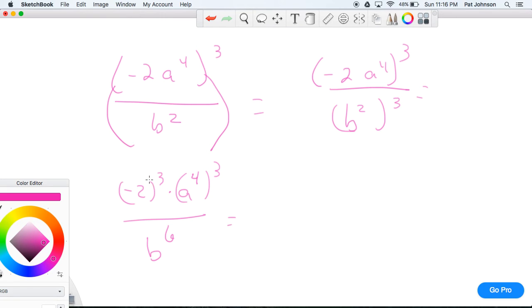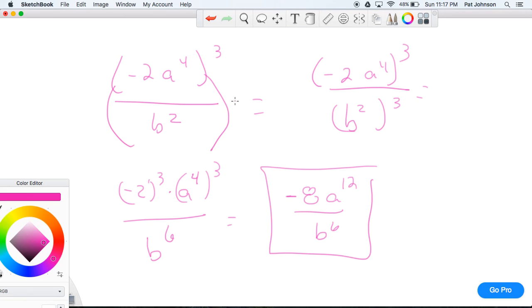So then this is an implied 1. So it becomes negative 2 times negative 2 times negative 2, or simply negative 8. And then 3 times 4 using the power rule is a to the 12 over b to the 6. So I use the power rule, I use the quotient of products. As long as I use the correct definition, it does not matter.